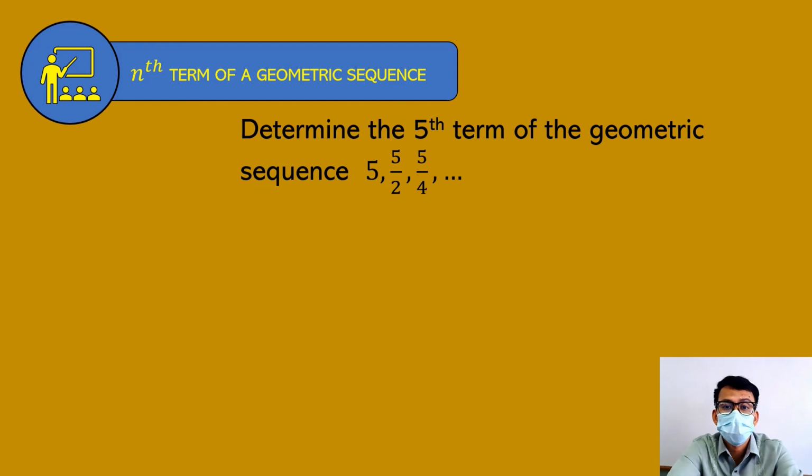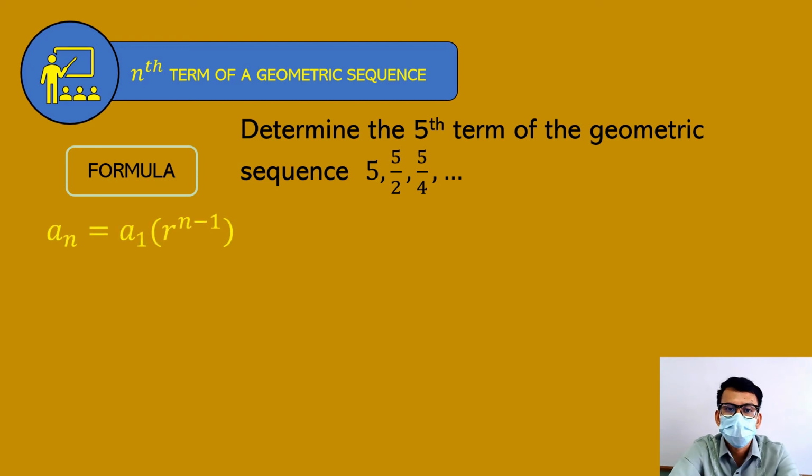Let's go to the next example. Determine the 5th term of the geometric sequence 5, 5 halves, 5 fourths, and so on and so forth. So let's try to use the formula. Again, the formula is a sub n equals a sub 1 times r to the power n minus 1.